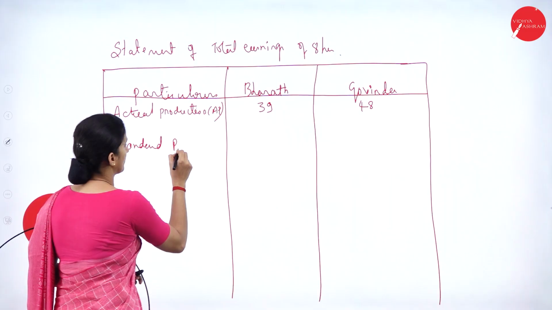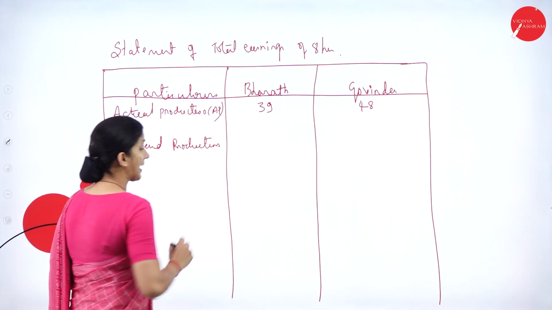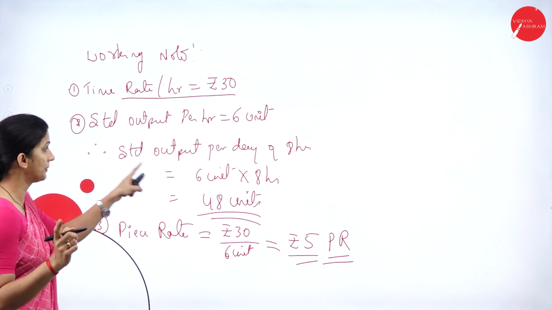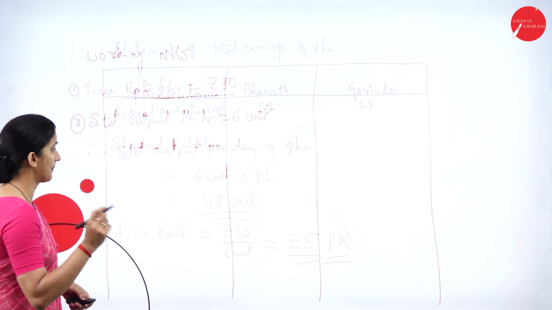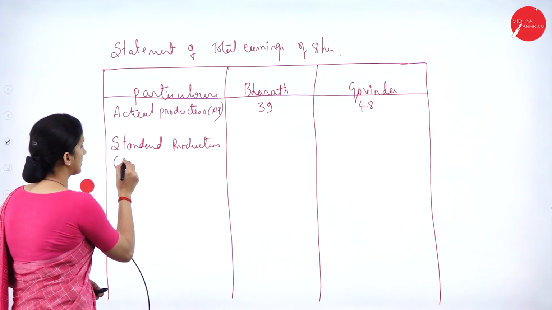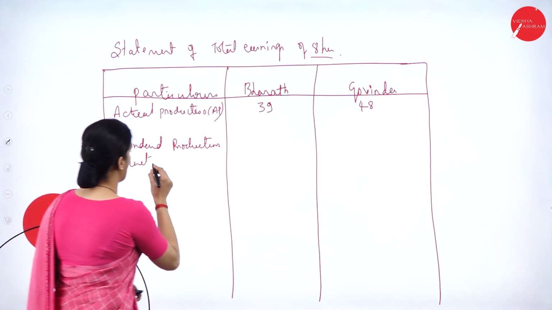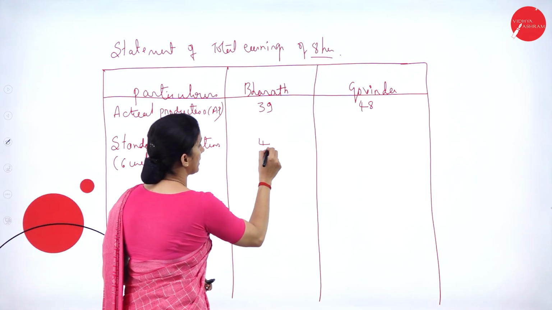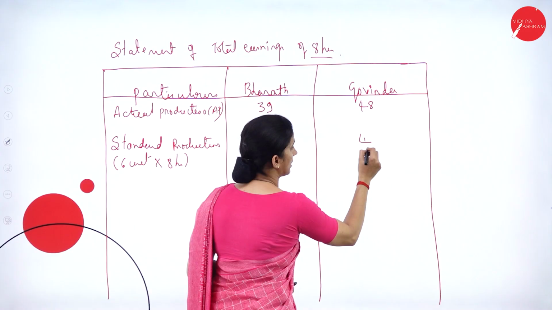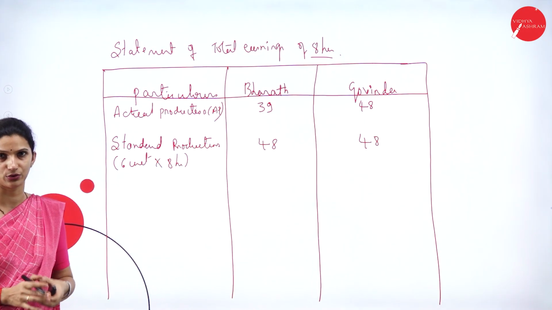The standard production that we have calculated for 8 hours is 48 units. For 1 hour it is 6 units, and we are calculating for 8 hours, so it is 48 for both workers.